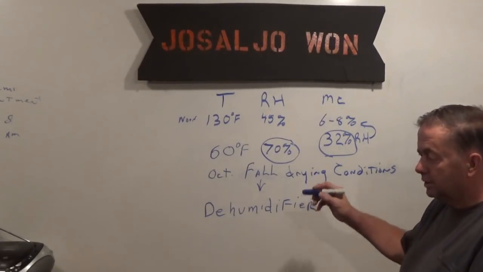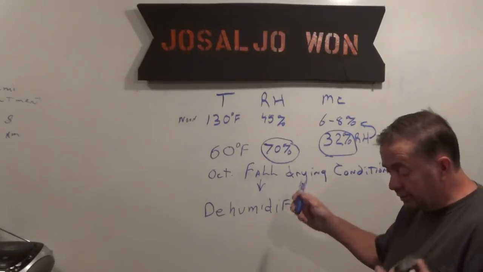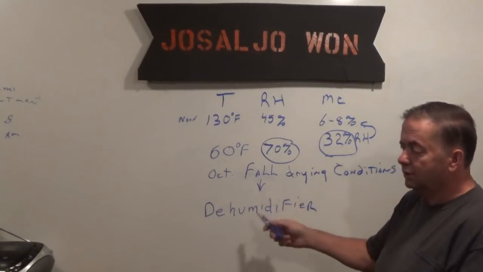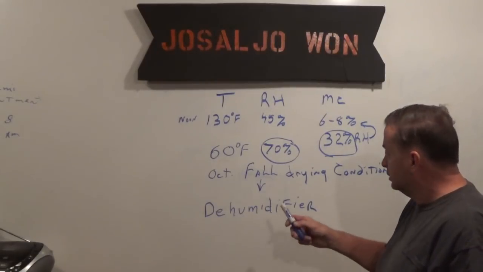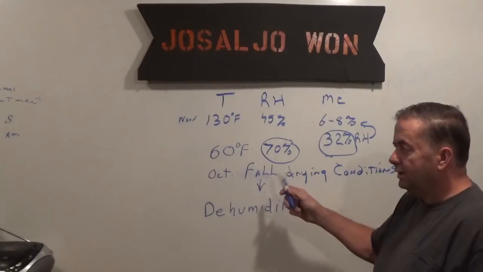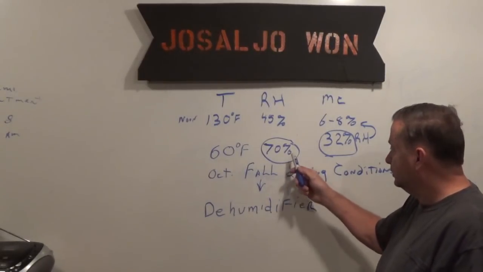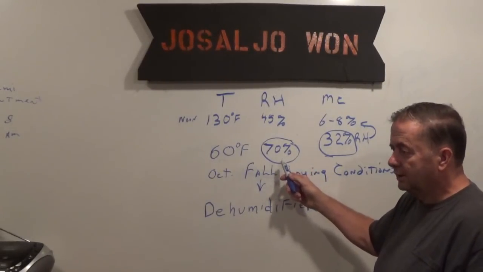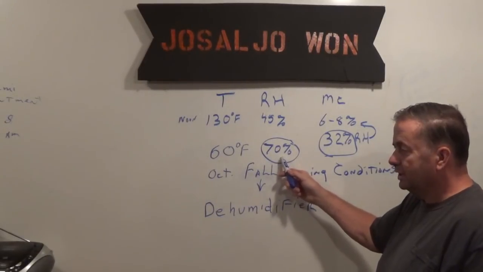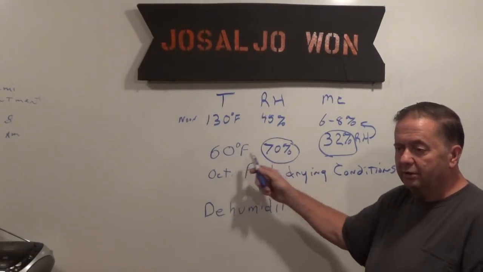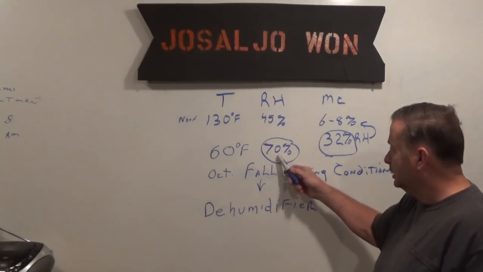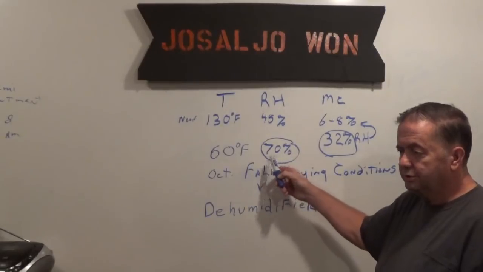There are a number of ways, and it's very tricky because you need to have a hygrometer outside as well as inside. If outside the relative humidity at a certain temperature, say 60, is 70%, you certainly don't want to let air go from outside to inside, because all you're doing is adding more moisture to it.